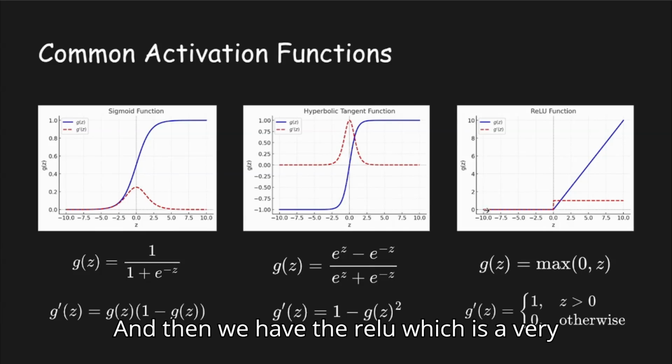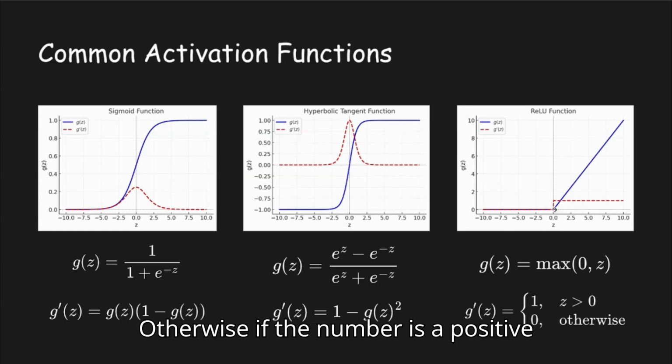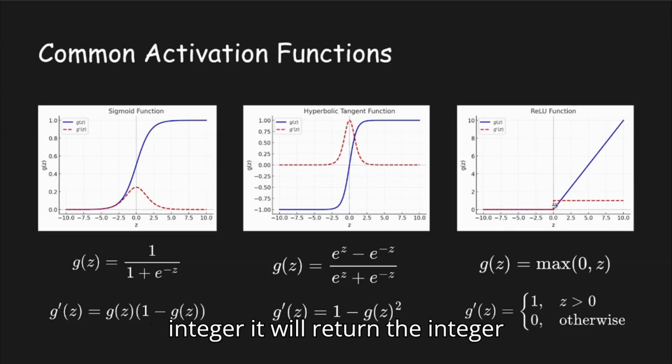And then we have the ReLU, which is a very simple function. If the number is below 0, so if it is a negative number, it would return 0. Otherwise, if the number is positive, it would return the number itself.